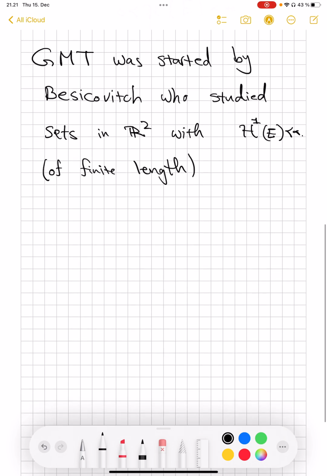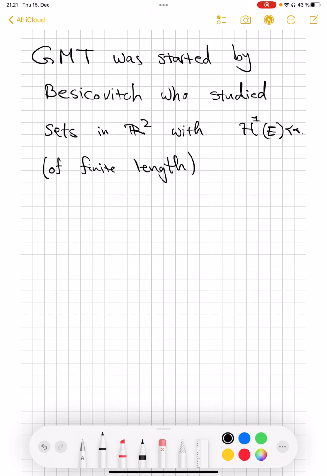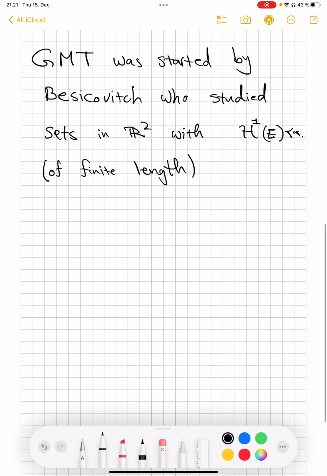So we saw two very different types of one-dimensional sets in the picture that I just showed you. The four-corner Cantor set versus a genuine C1 curve. The type of sets with finite H1 that exhibit behavior similar to the curves will be called rectifiable.